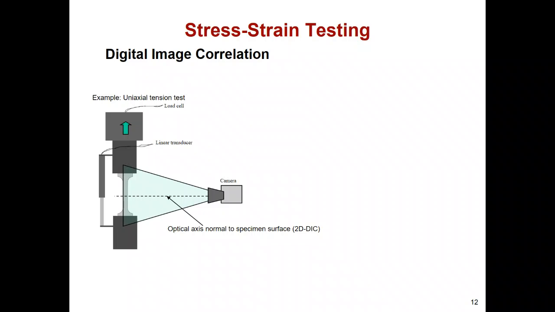So I prepared the digital image correlation method. For example, with a conventional universal tensile machine, we attach a specimen, apply some load, and can also attach strain gauges.